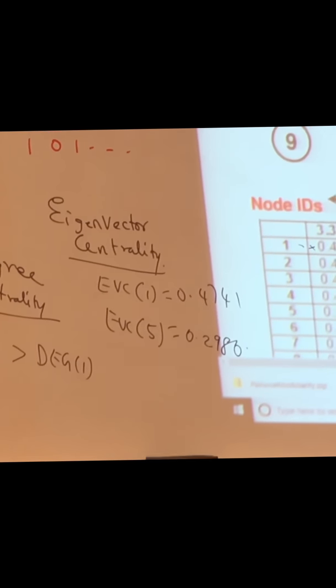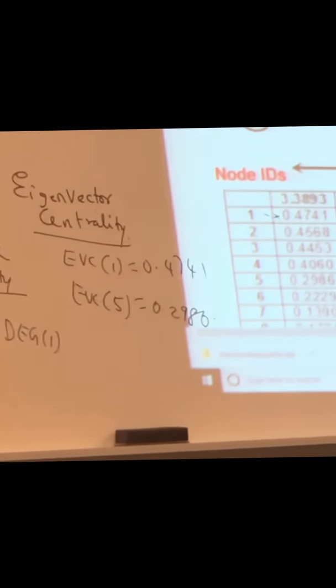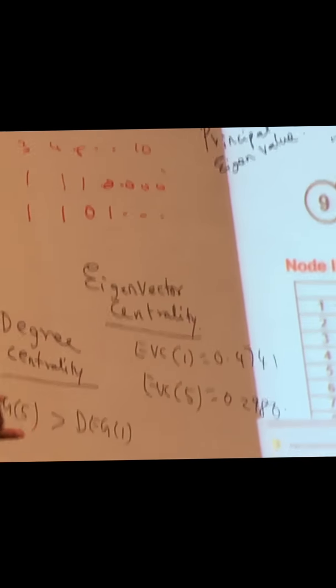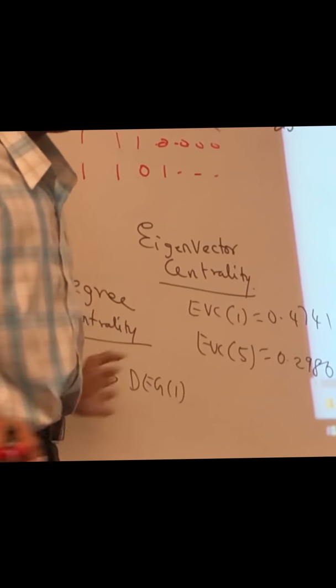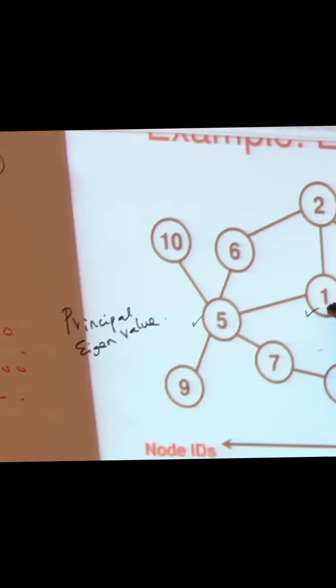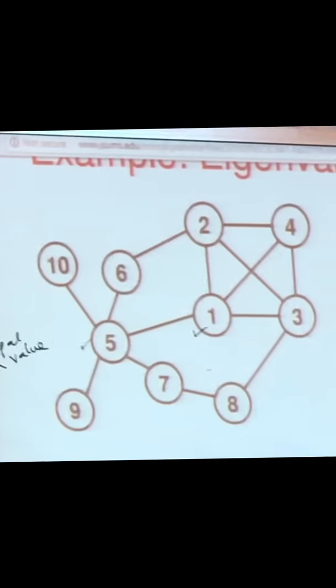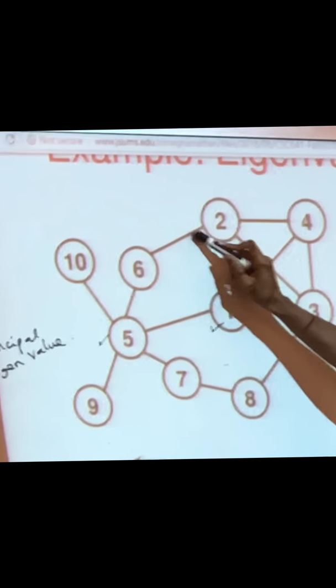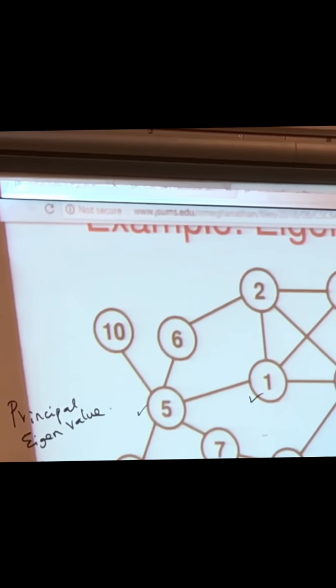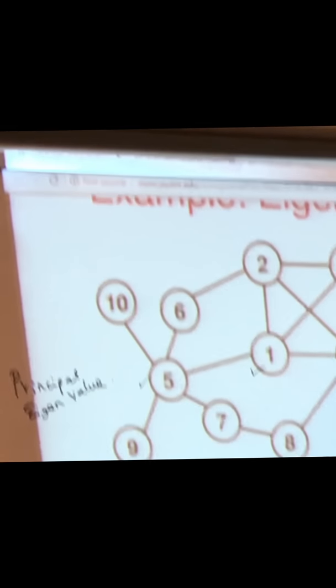What's the definition of eigenvector centrality of a vertex? It's a measure of the degree of the vertex as well as the degree of its neighbors. So the degree of 5 might be larger than the degree of 1, but look at the neighbors of 5 and the neighbors of 1. The neighbors of 1 are what? 5 of course, then 2, 3 and 4. 2 has degree 4, 4 has degree 3, 3 also has degree 4.